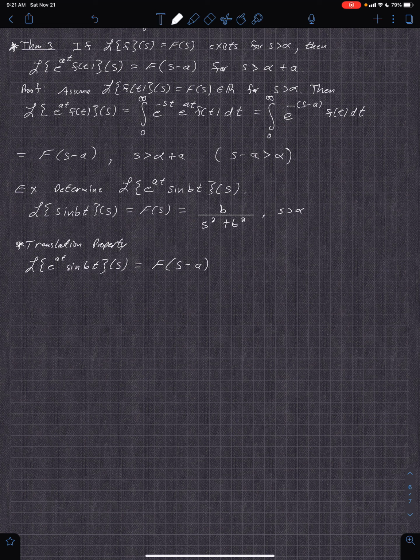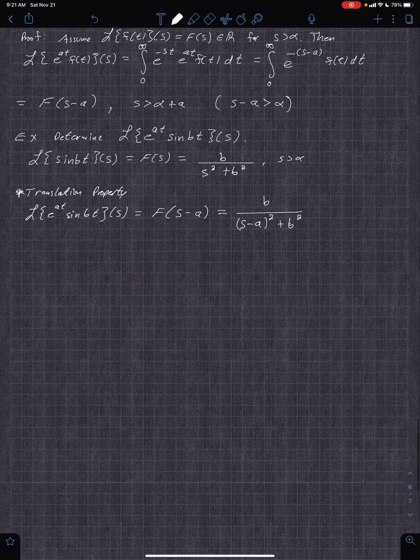So it's automatic, right? Then we can write that into the formula: b over, your s now becomes s minus a quantity squared, plus b squared. When you simplify these things, you're going to be looking for this denominator form; it is how you'll start interpreting things. Maybe complete the square of some sort to get it into this type of form. And then we can evaluate in either direction.